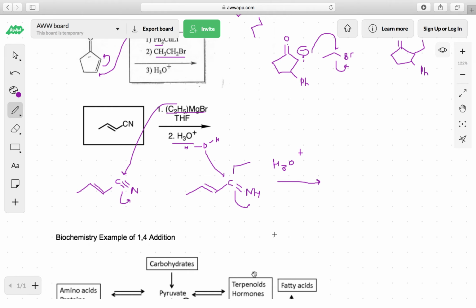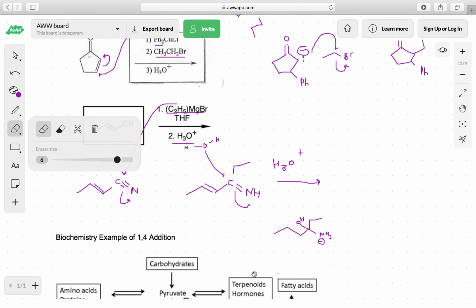So we should be left with something like this once we have all the protonations and things done. And what we're going to do now is we're going to protonate this NH2 again to form a good leaving group.